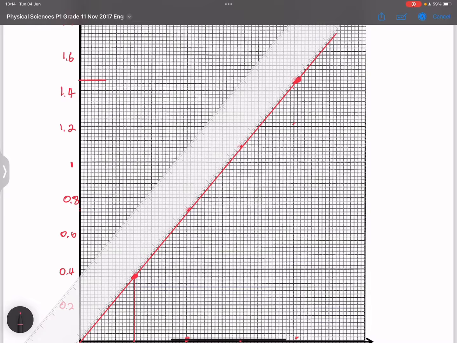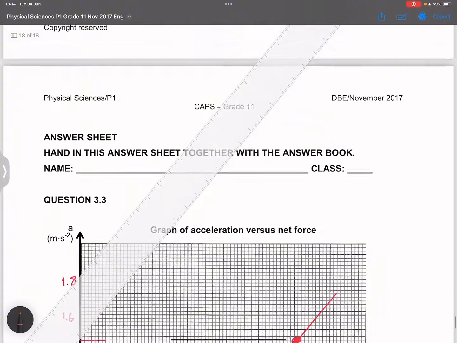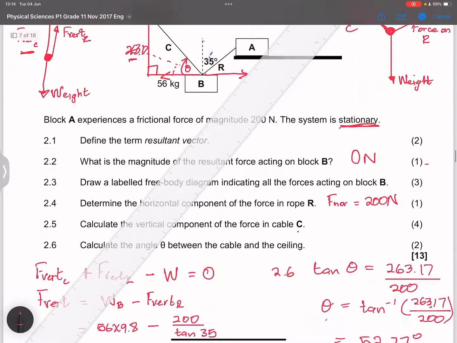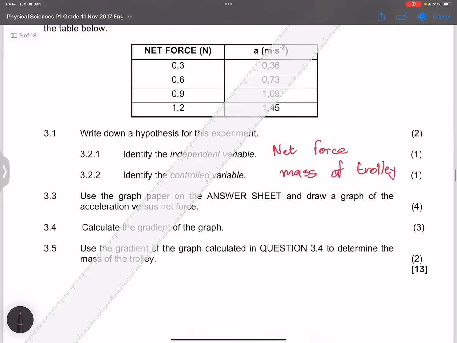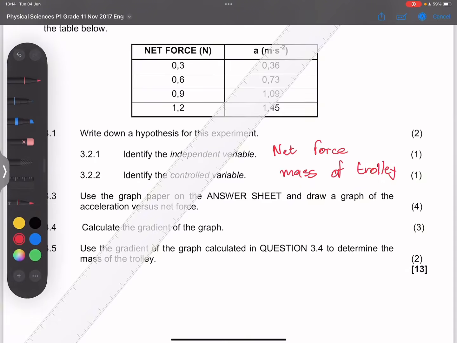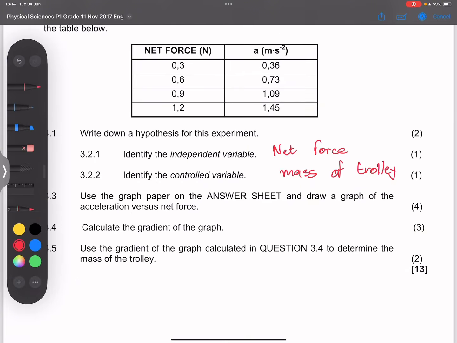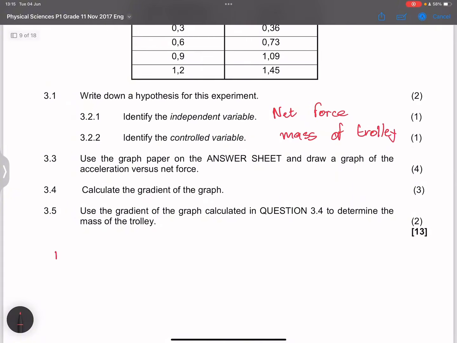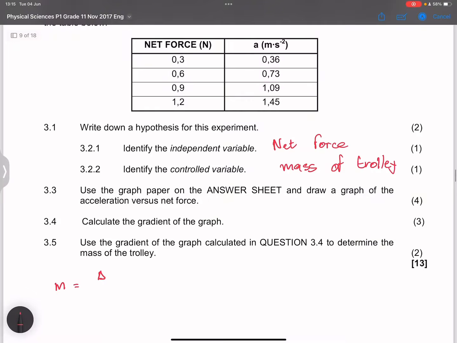Right, so ladies and gents, let's look at the next question that follows from that. So they said to us, okay, let's remove this ruler. They say to us, calculate the gradient of the graph. Now notice, to calculate the gradient, all I'm going to do is take our change in y, but remember our y values are acceleration.